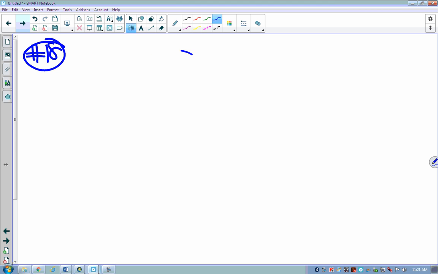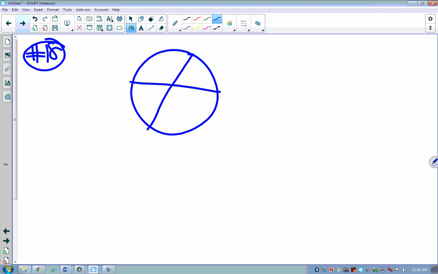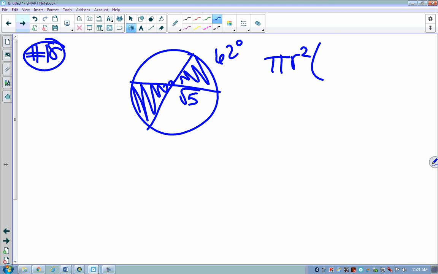Number 18 gives me a circle, and that should be in the center of the circle. Here I have 62 degrees and a radius of radical 5. Okay, and it wants to know the area of the shaded region. In order to find the area of the shaded region, it is pi r squared times measure over 360.